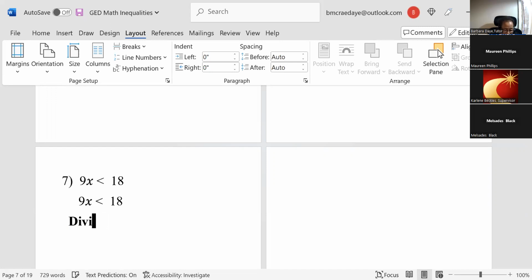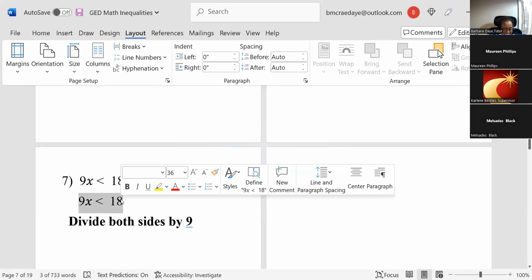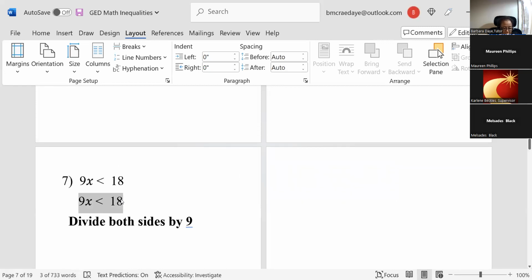Divide both sides by 9. So 18 divided by 9 is 2. So x then would be less than 2. That's the answer. X less than 2.